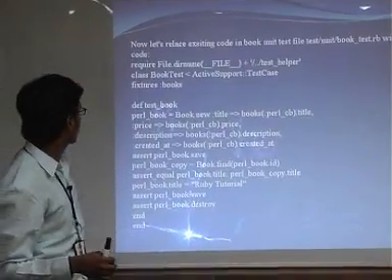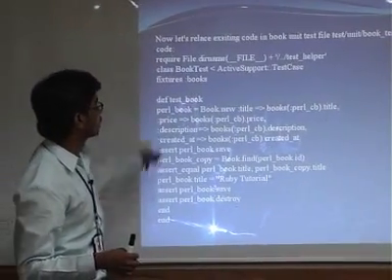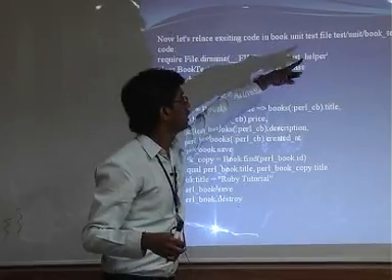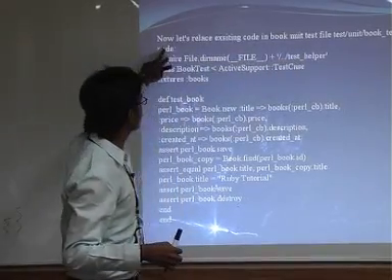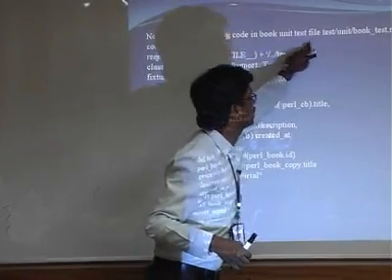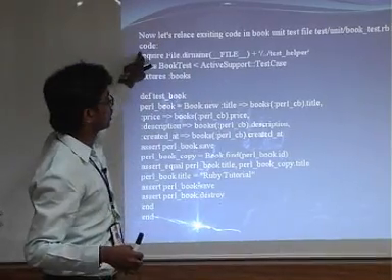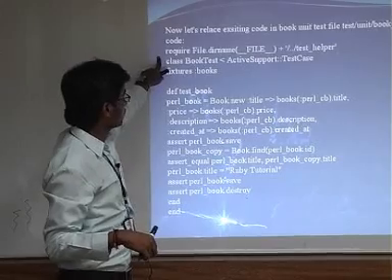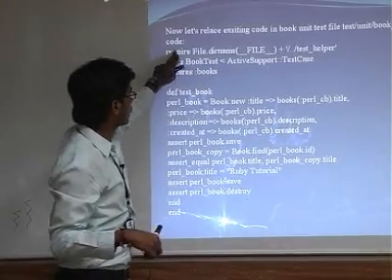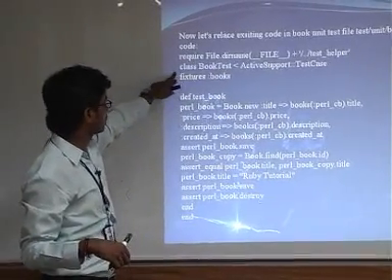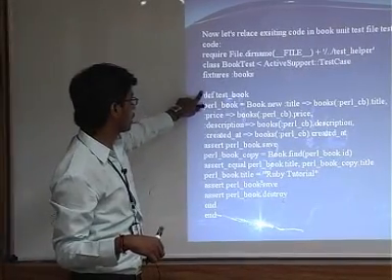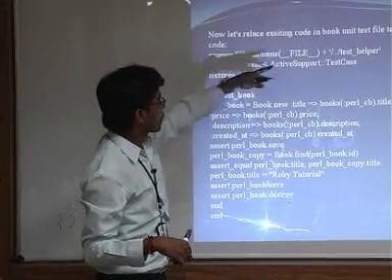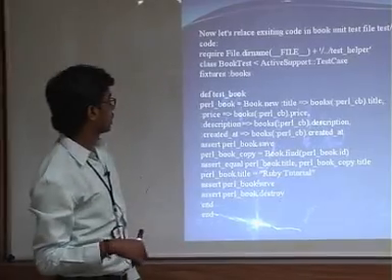Next, let's replace the existing code in the test file, test unit book_test.rb, located in the test folder. For testing purposes, require the file, directory name, file test helper. This code will replace the contents of your book_test.rb.